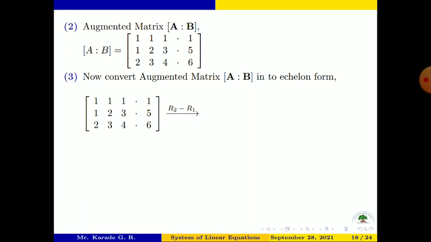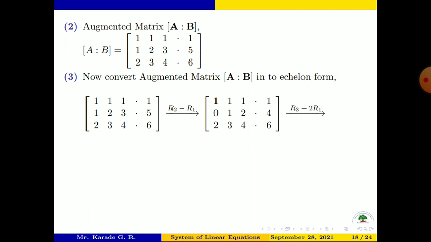So due to this operation there will be change in second row, first and third row as it is. There will be change in second row, 0 1 2 4.